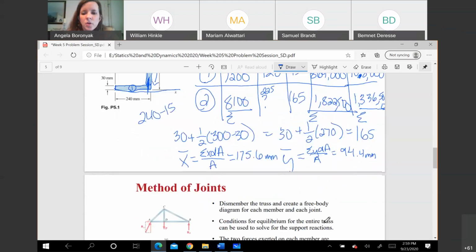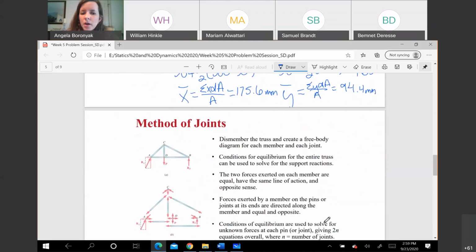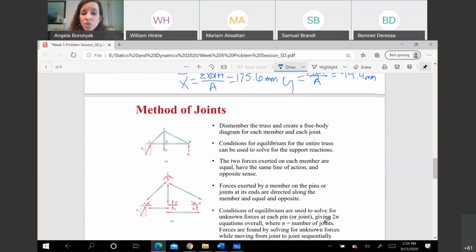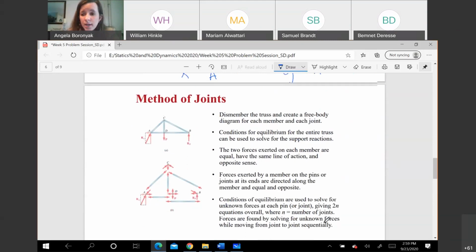So moving on from doing centroids, in the video lectures for this week we got into chapter 6, where we're looking at trusses or frames. And we said a truss is a structure where we have members that are connected only at endpoints, and they have no forces anywhere that isn't an endpoint.